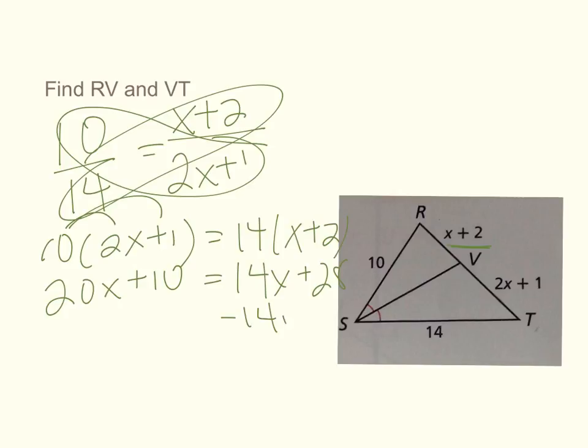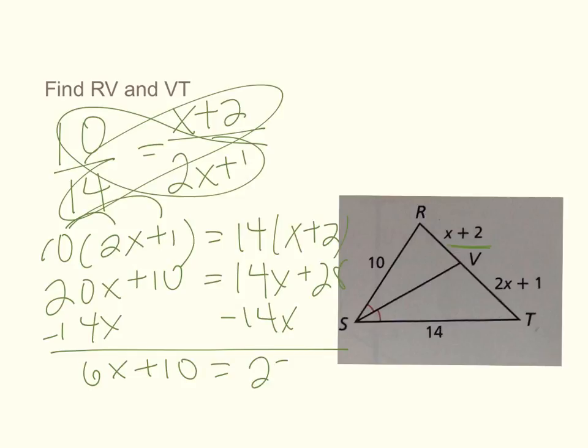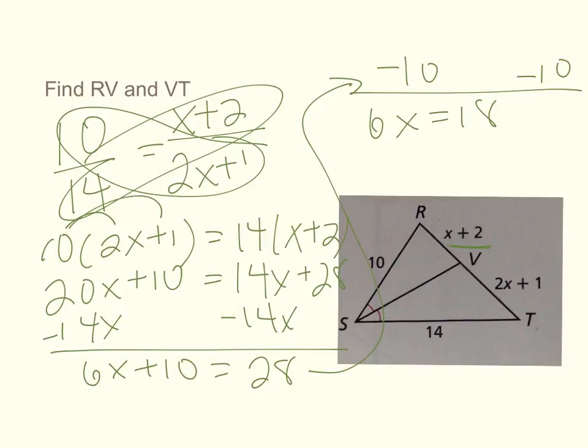Now I can subtract 14x from both sides. I get 6x plus 10 equals 28. I'm going to have to move up here to get a little bit more room. If I subtract 10 from both sides, I get 6x equals 18. Divide by 6, and x equals 3.